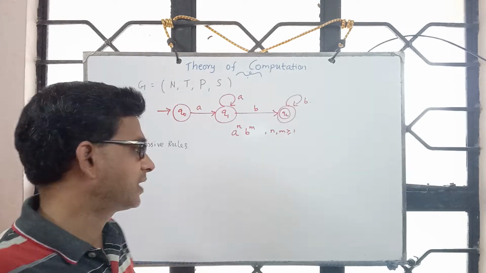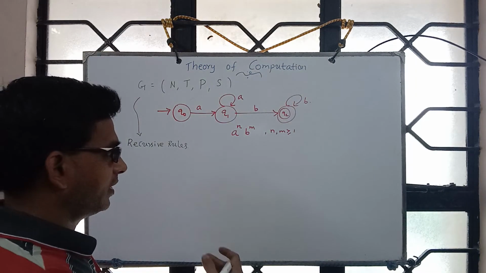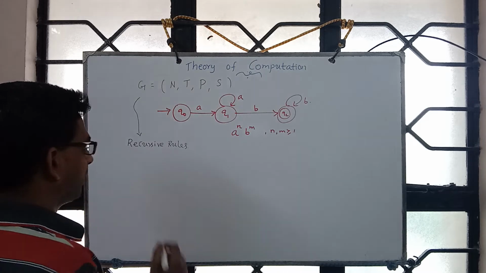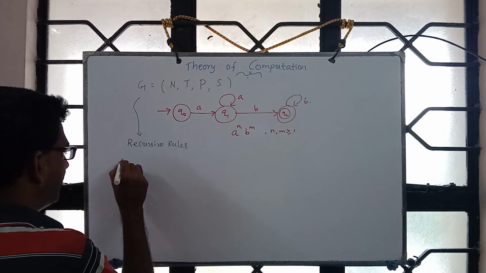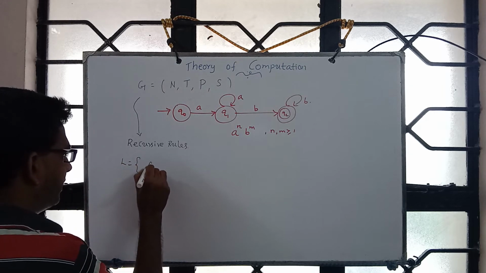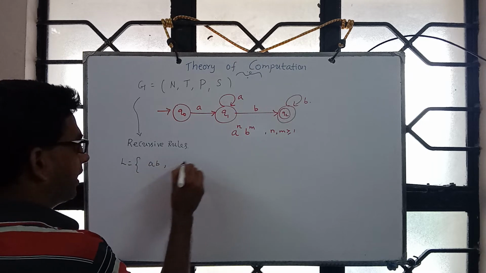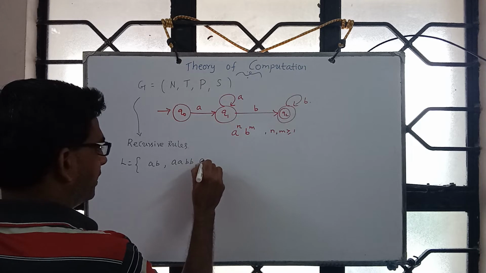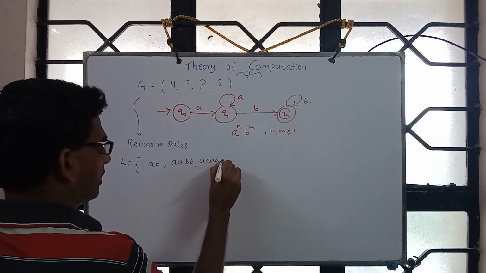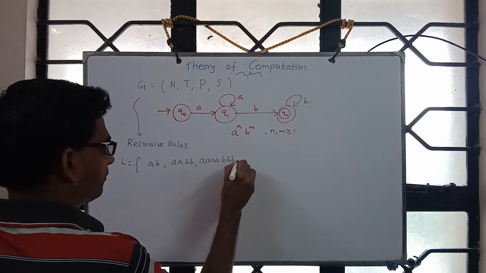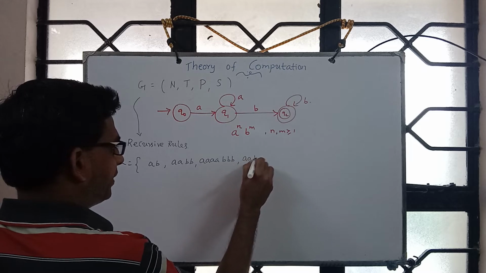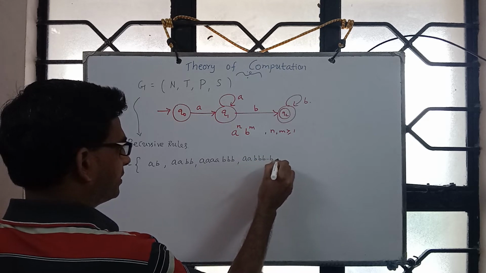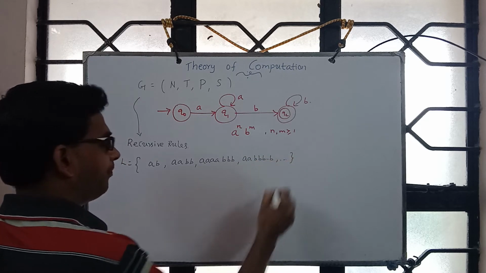Like that you start building the language itself. For example, if you look at the language, it has ab in it, and then it has got aab in it, then it has got like this. Then you can have say 2 a's, so many b's, and so on.